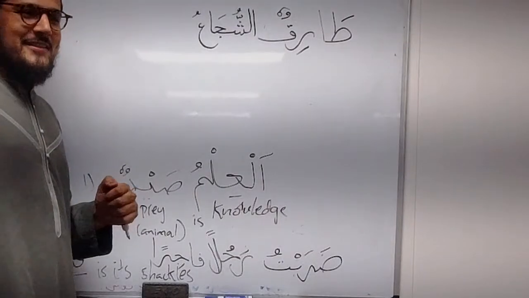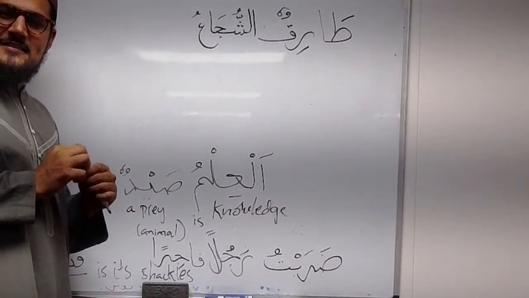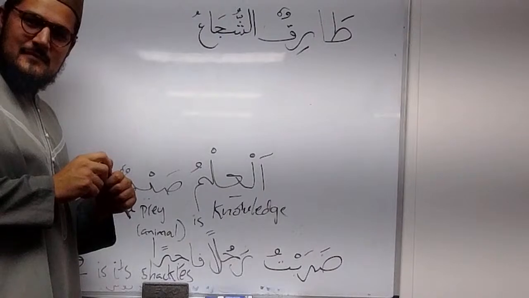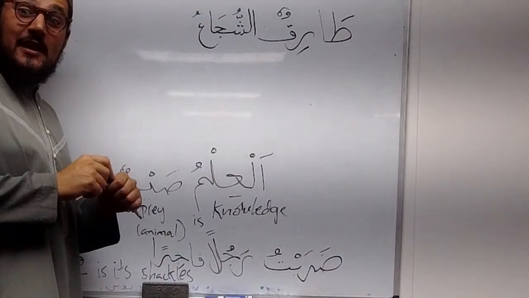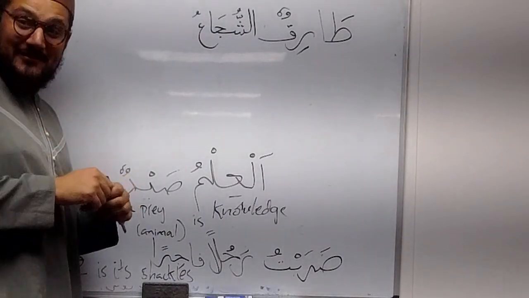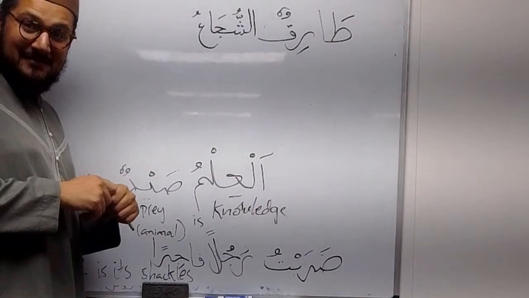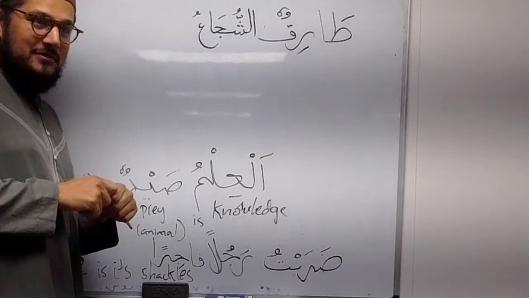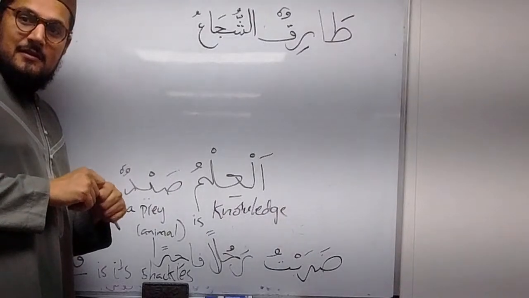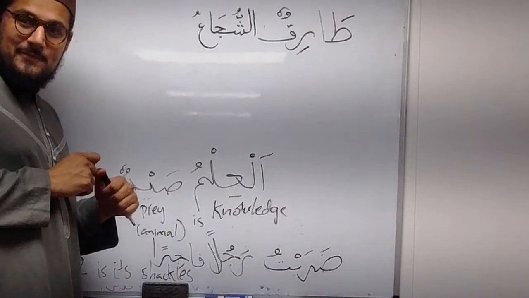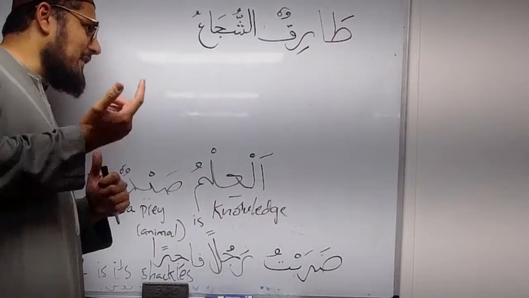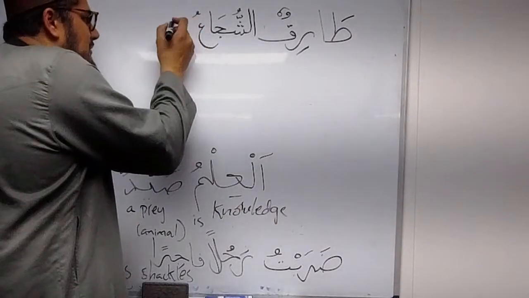Just don't recite the Quran like that. Safi, where's Hazama? وهزم الأحزاب وحده. That's a dua of the Prophet sallallahu alaihi wasallam. Yes, but where's Hazama? Hazama means defeated. I'll let you think about where it is in the Quran.